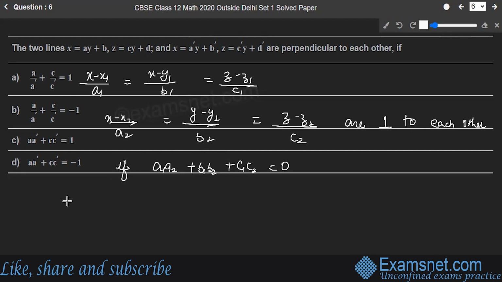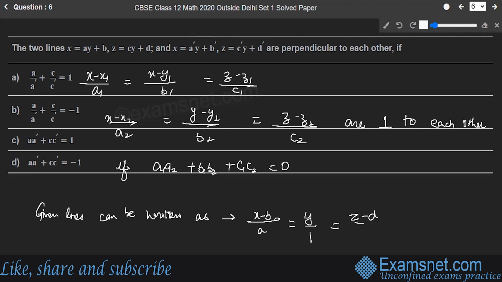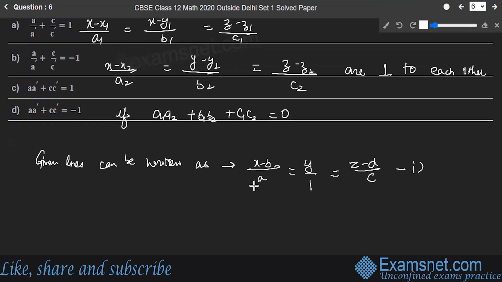Now, these given lines can be written as x minus b upon a is equal to y minus 1 is equal to z minus d upon c. Right, this is from the first one, and from the second one it can be written that x minus b dash upon a dash is equal to y upon 1 is equal to z minus d dash upon c dash.